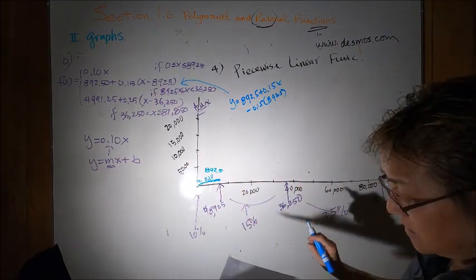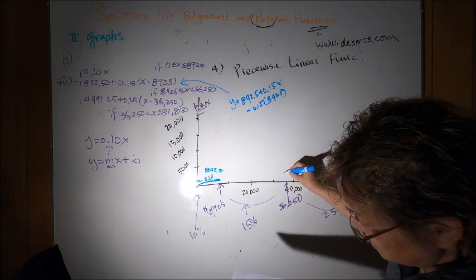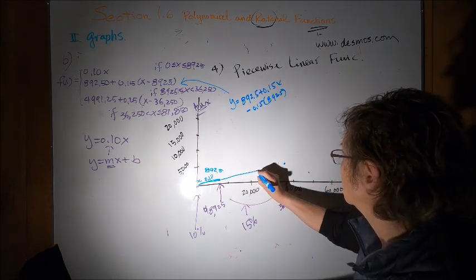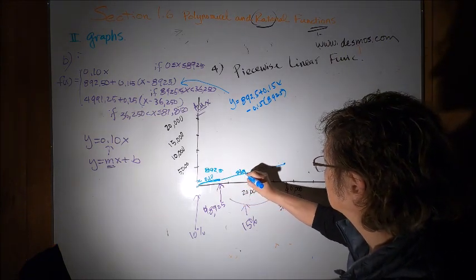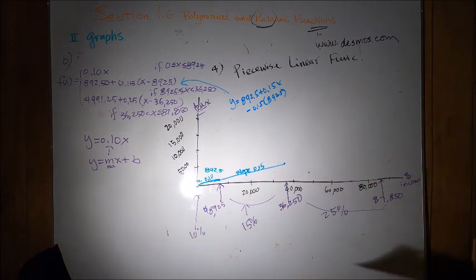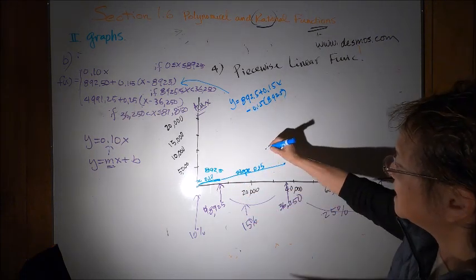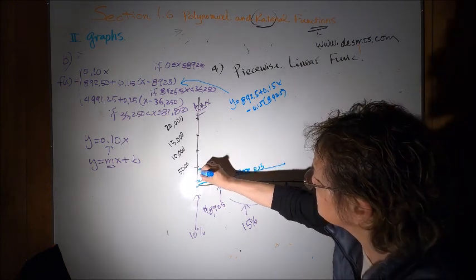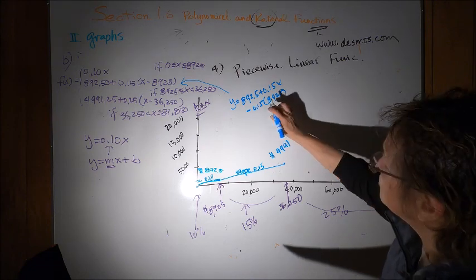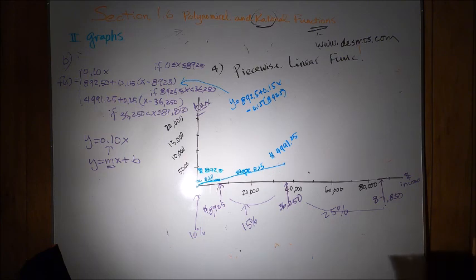After this, it gets higher up to here. So the slope would become what? At this point, you plug in this value, then you should get the y value. This point would be 4991.25. That's how much you will pay in tax.